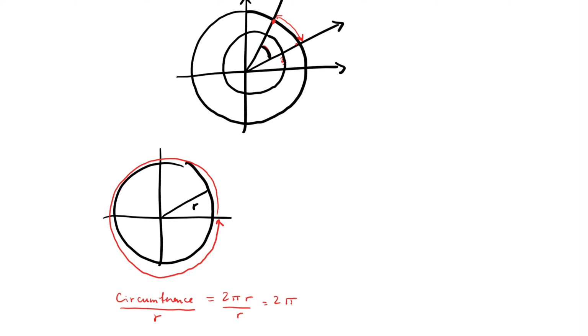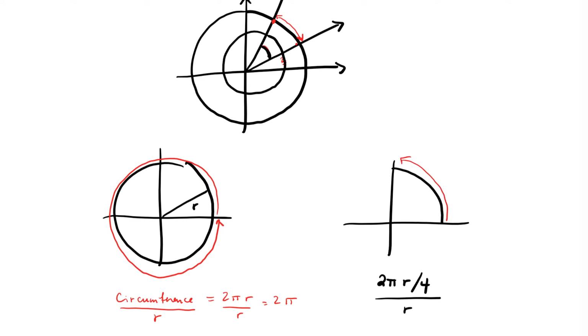If I want a 90-degree rotation, it would be 1/4 of a circle. In terms of the arc, it would be 1/4 of the circumference. So it would be 2 pi r divided by 4, and then I divide by r again just to make sure my measurement is independent of the radius chosen.